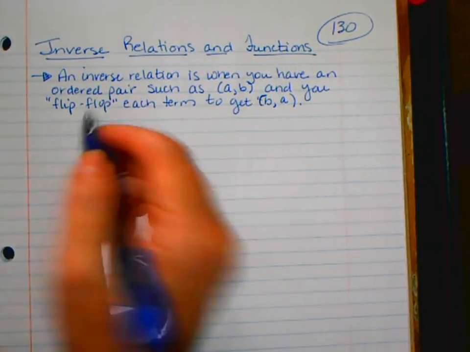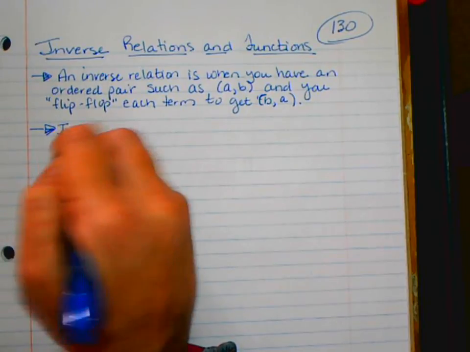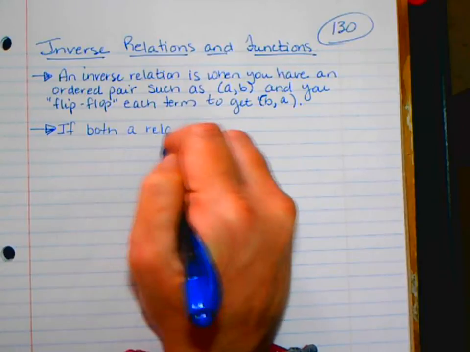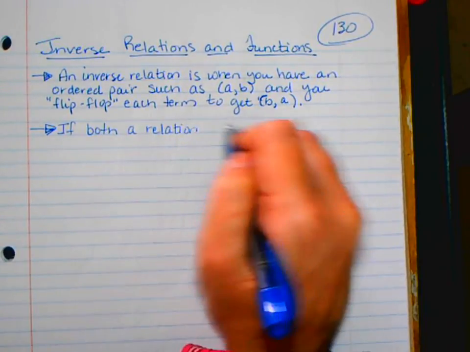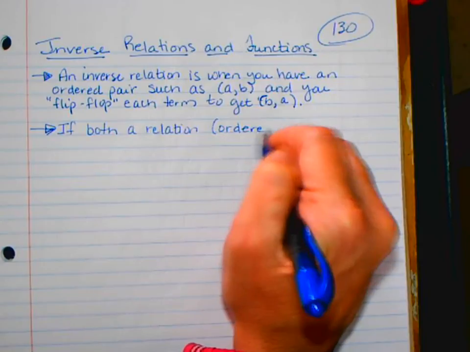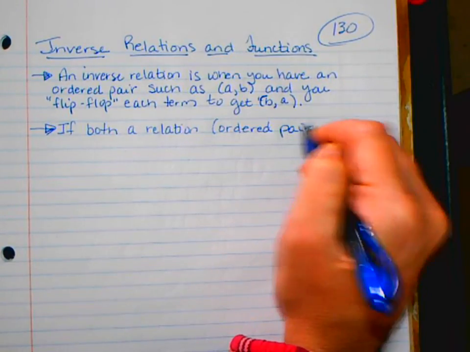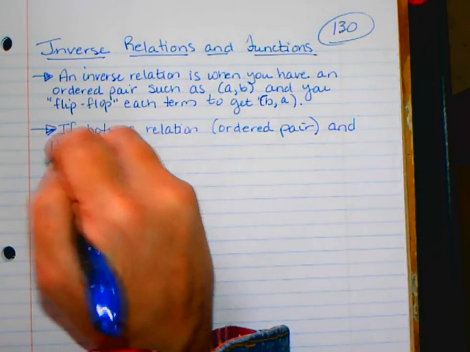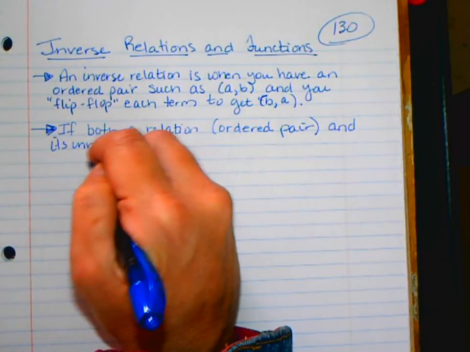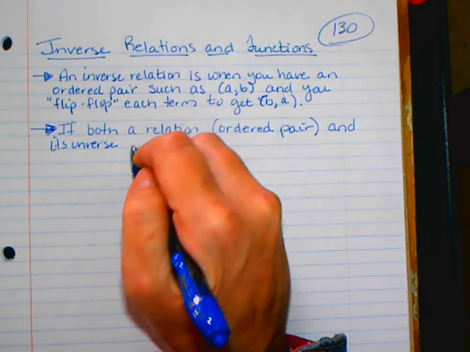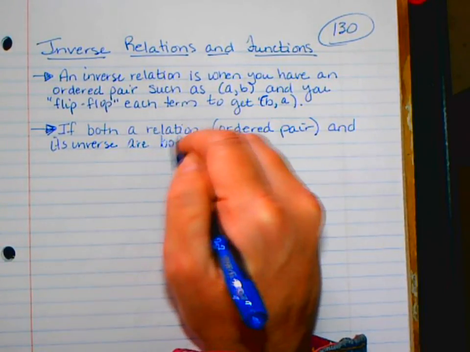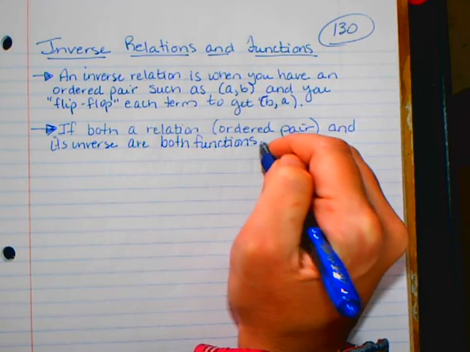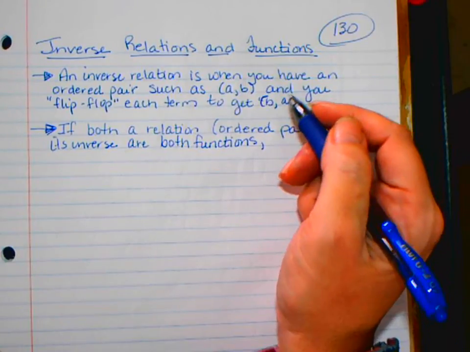If both the relation (in parentheses, ordered pair means the same thing as a relation) and its inverse are both functions, they are considered inverse functions.